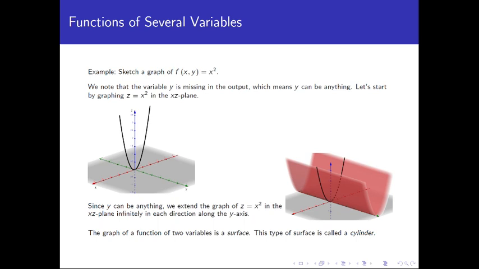When we graph a function of two variables, we get what's referred to as a surface. We plug in an x, y, we get a z, and we get a surface when we graph it. This particular type of surface is referred to as a cylinder, and cylinders occur when you get the same congruent shape extended indefinitely in one of the directions. In general, we refer to it as a cylinder.